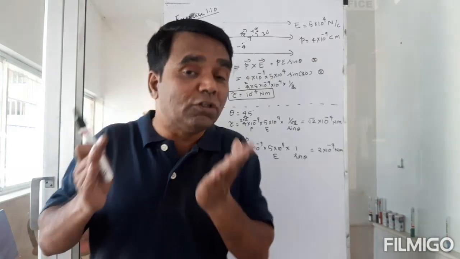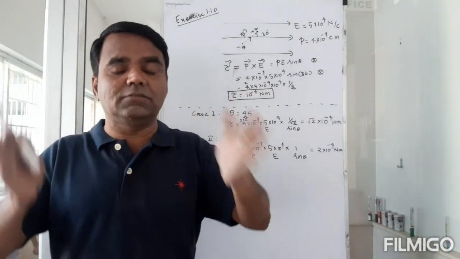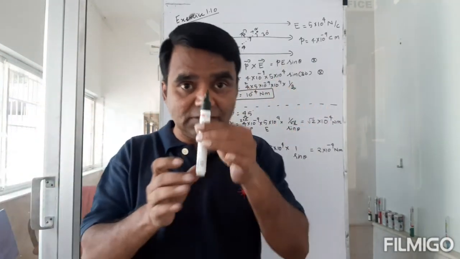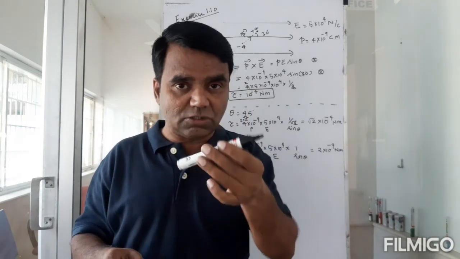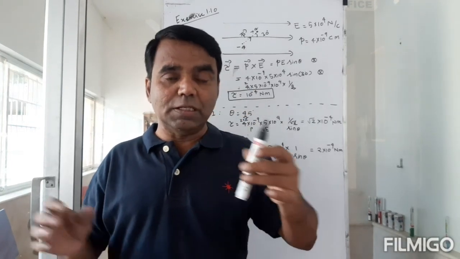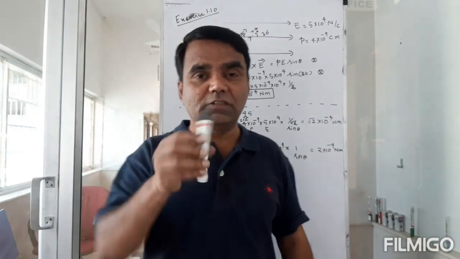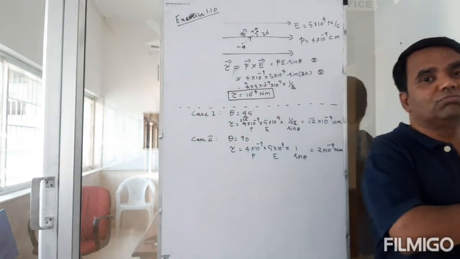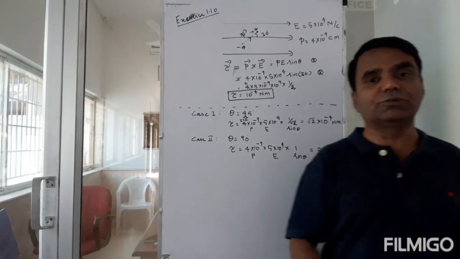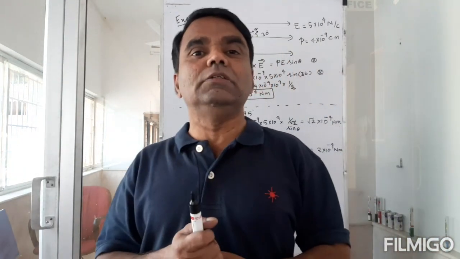So in a uniform electric field, the dipole will just oscillate like this. But in a non-uniform electric field, the dipole will oscillate and then will also move. That is the net force. Hope you understand this.